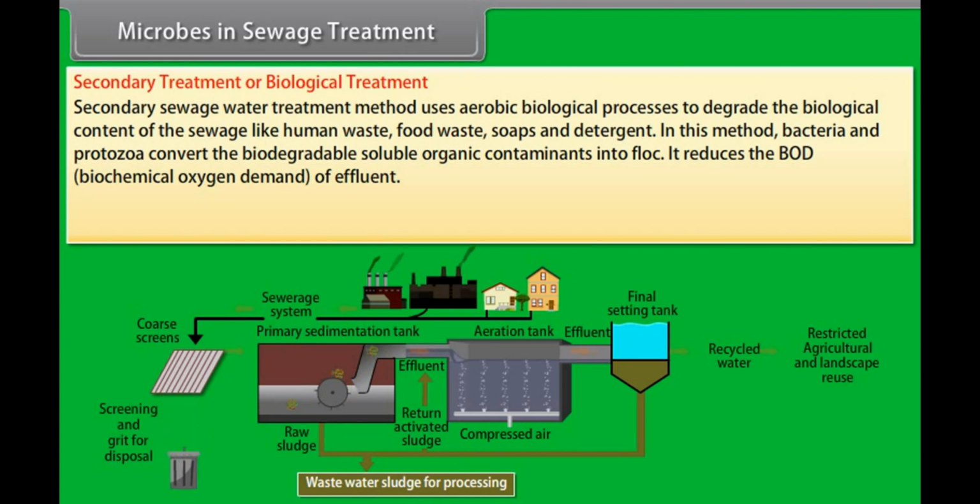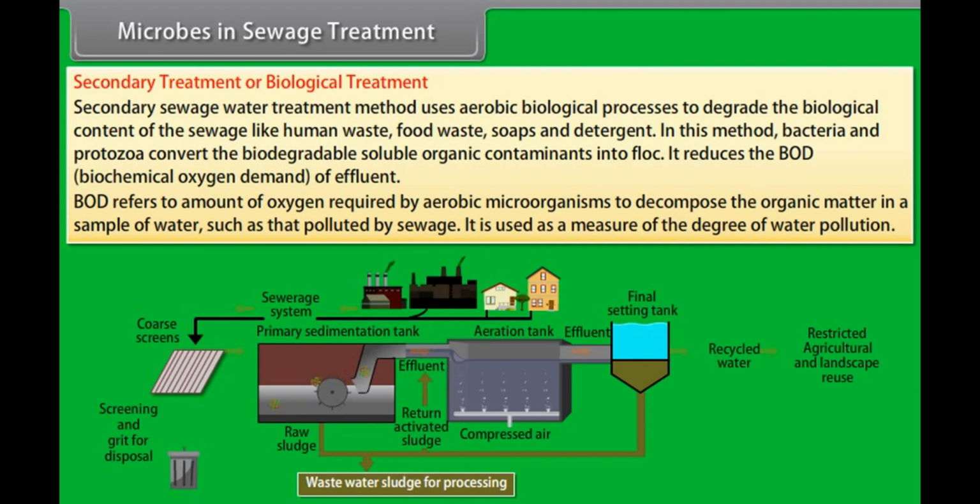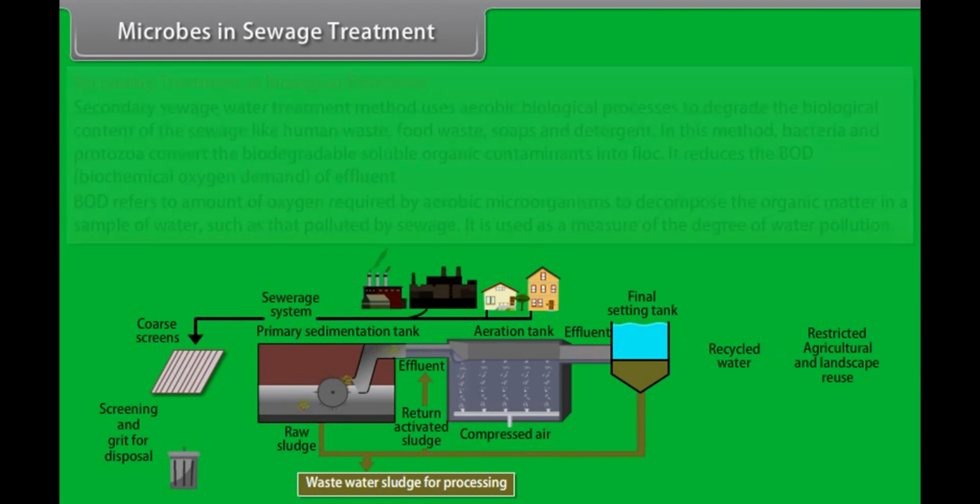It reduces the BOD, that is, biochemical oxygen demand, of the effluent. BOD refers to the amount of oxygen required by aerobic microorganisms to decompose the organic matter in a sample of water, such as that polluted by sewage. It is used as a measure of the degree of water pollution.